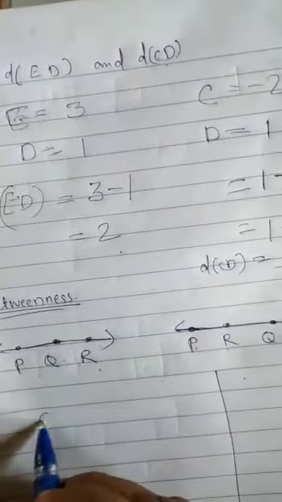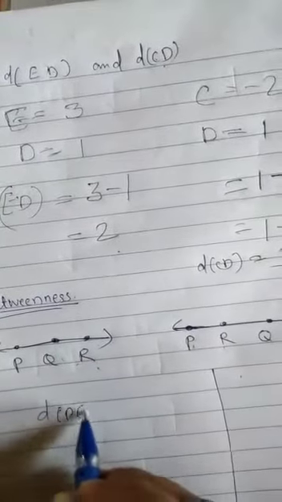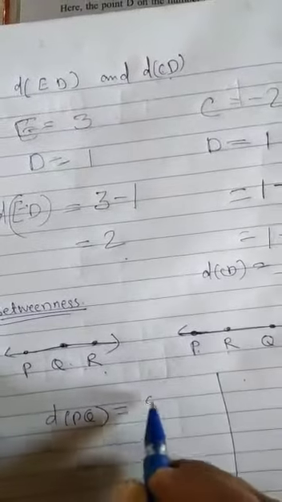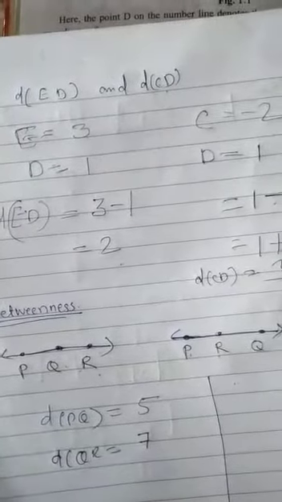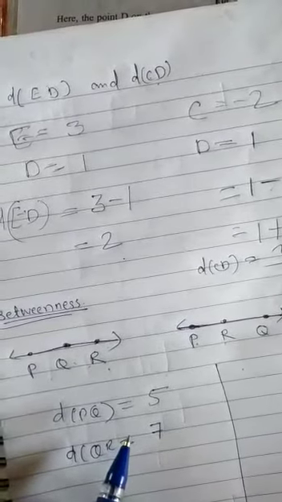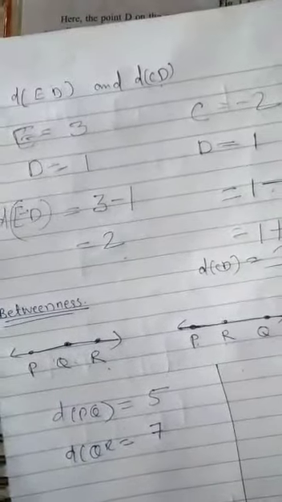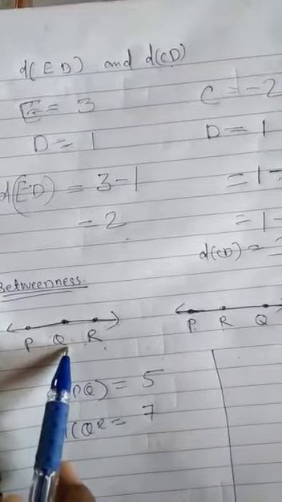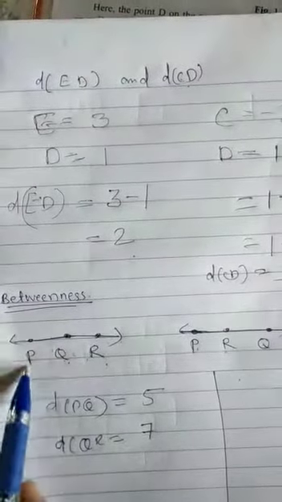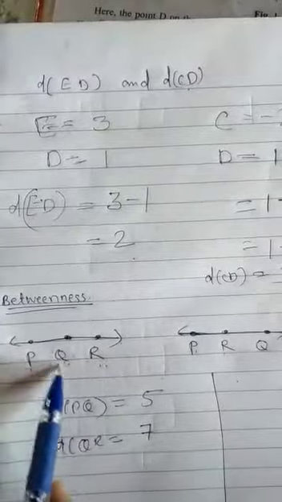But how can we consider betweenness? Suppose distance PQ is given as 5, and distance QR is given as 7, and finally we need distance PR. We consider Q as the midpoint, so distance PR is equal to distance PQ plus distance QR.